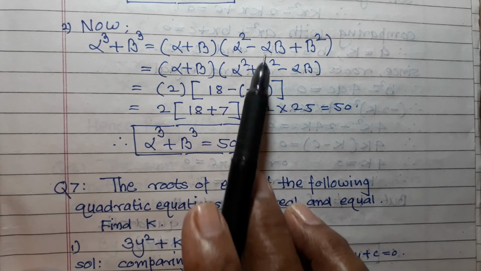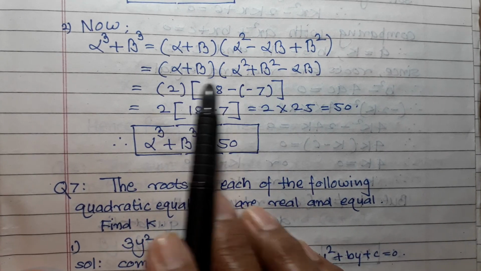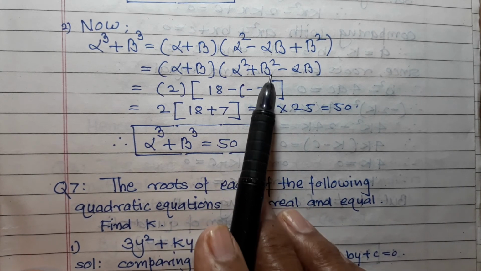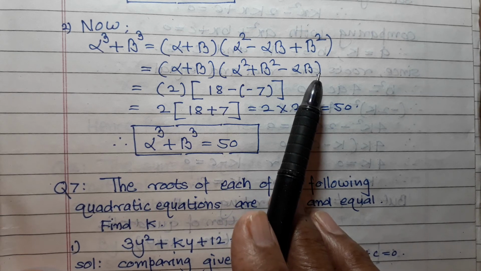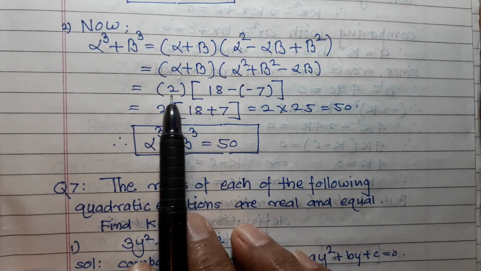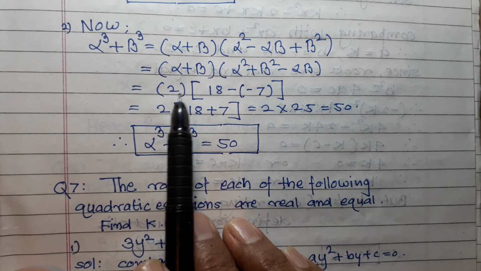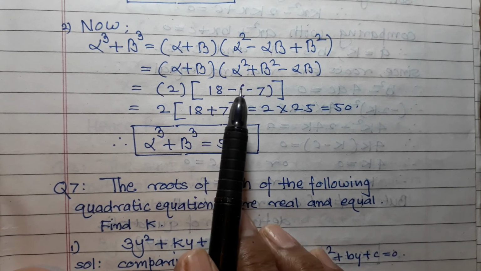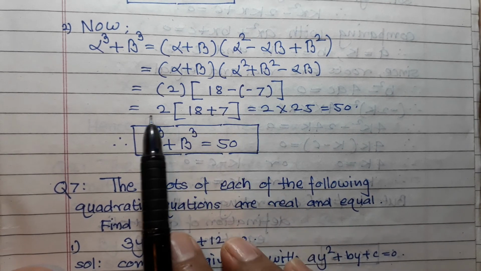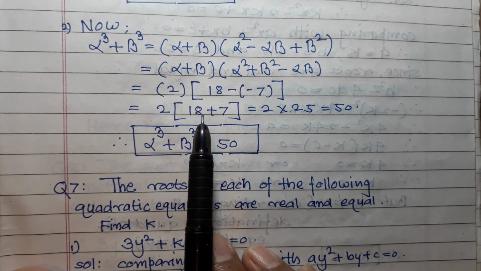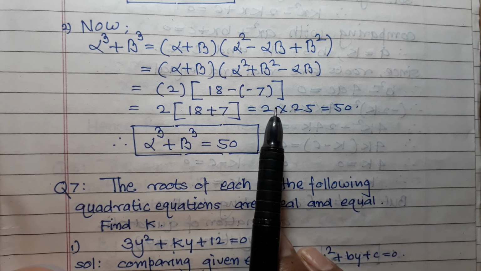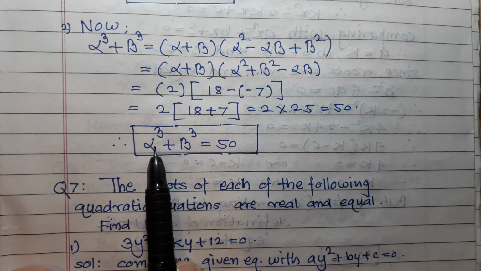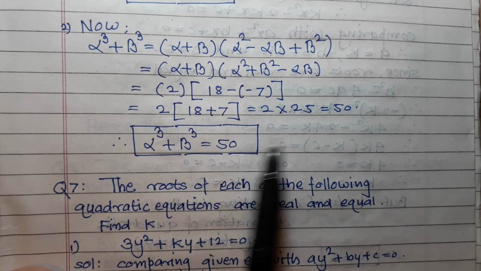Now here you arrange the terms: alpha plus beta, and in second bracket alpha square plus beta square minus alpha into beta, and then you substitute values, and therefore alpha plus beta is equal to 2 into bracket alpha square plus beta square is equal to 18 minus minus 7, and then simplify: 2 into bracket 18 plus 7 is equal to 2 into 25 and is equal to 50. Hence alpha cube plus beta cube is equal to 50.